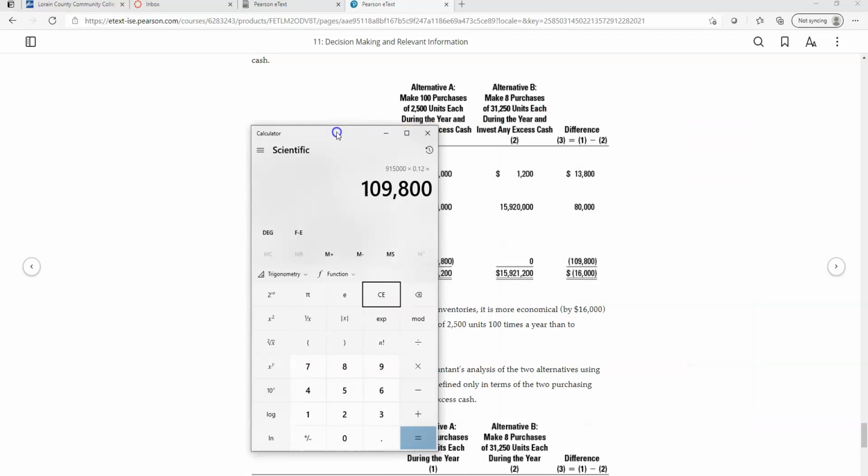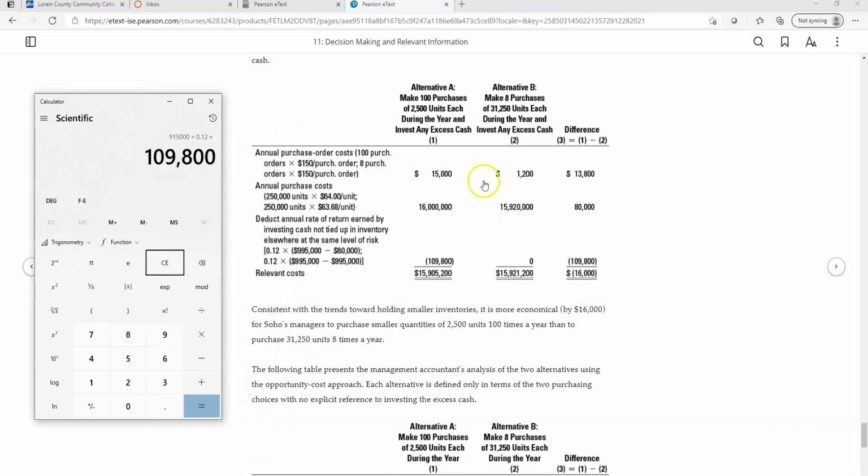So when I take that into account, under alternative A, I could take that $915,000 and invest it at 12%, and I'm going to offset all of these costs by $109,800 worth of additional revenue.